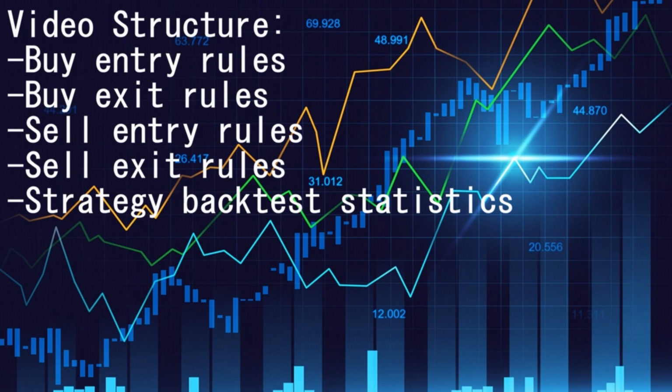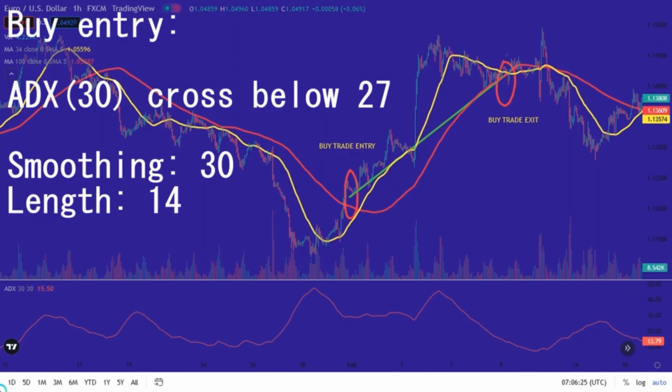Now let's start. I tested this strategy on the EUR/USD 1 hour chart, and the buy entry rules are the following. We are using one single ADX indicator for the entry rule, so it is not that complex.